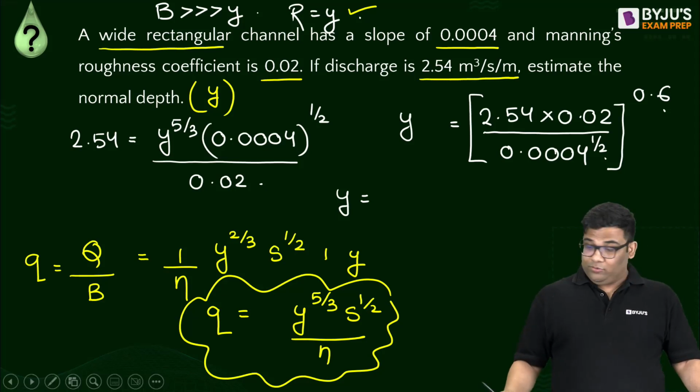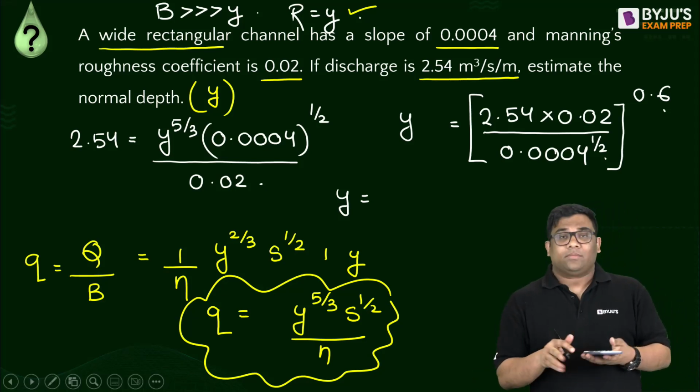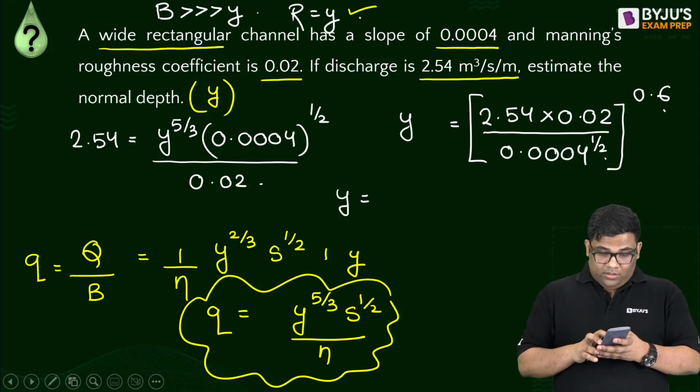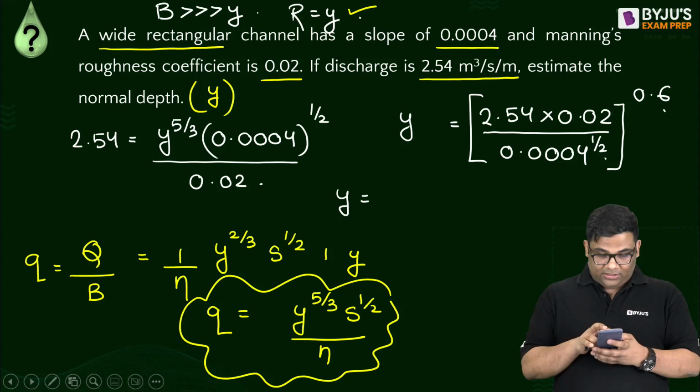Let us find this Y using the calculator. So 2.54 into 0.02 divided by square root of 0.0004. Some error happened, let me change it.